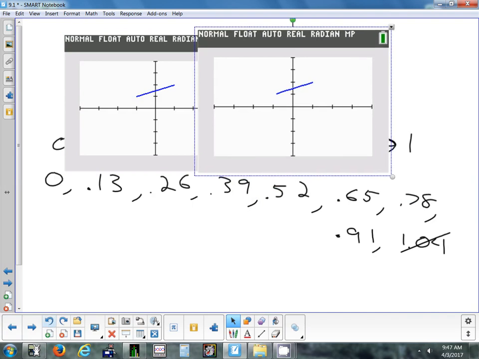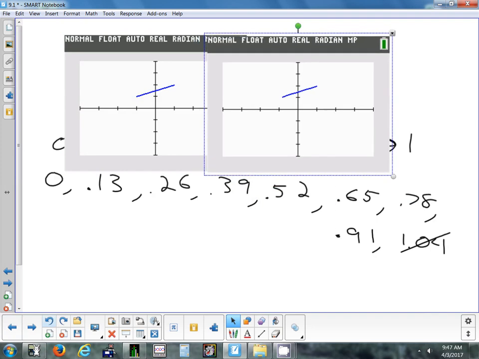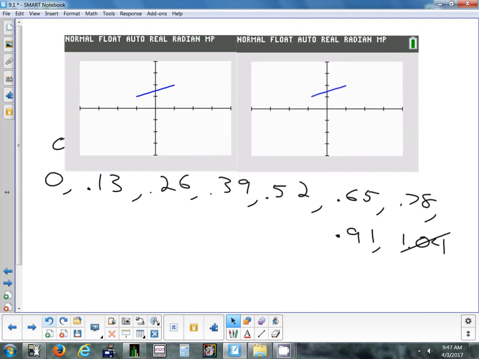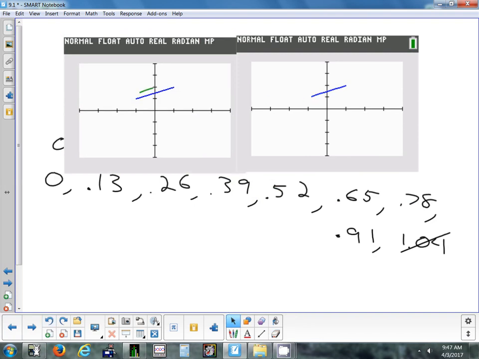If I put them exactly the same size, or pretty close, and then trace this part as accurately as I can, and move that segment over here, can you see how that segment is a lot shorter? I mean, relatively, versus here, it's almost exactly the right length.